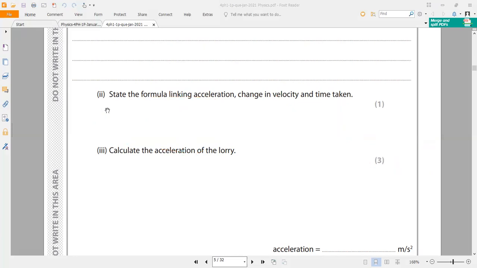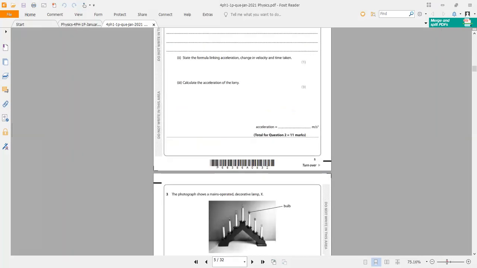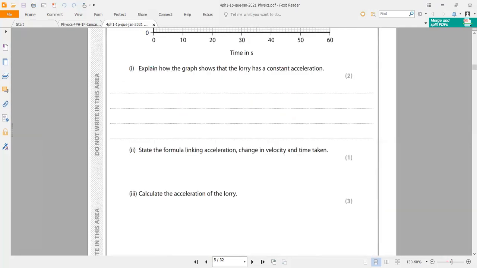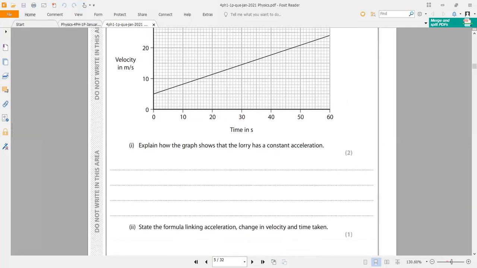Calculate the acceleration of the lorry. Let's go back to the graph. Using this straight line graph, all we need to do here is to find the gradient of this line. Let's choose these 2 points to calculate the gradient.